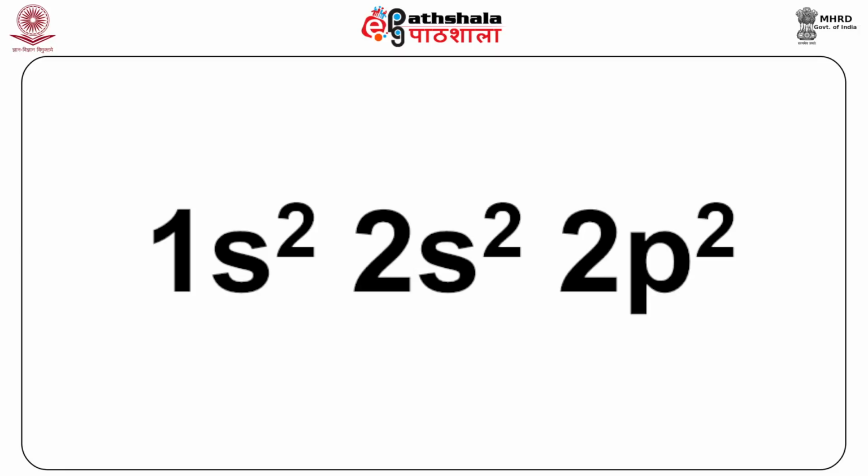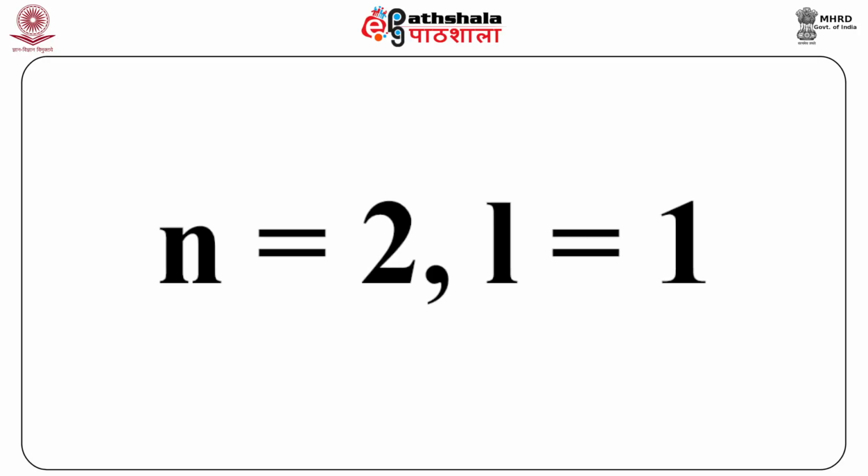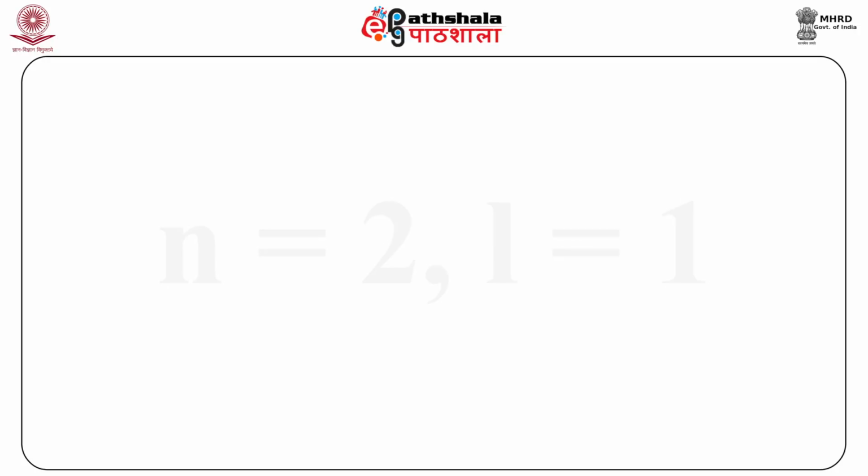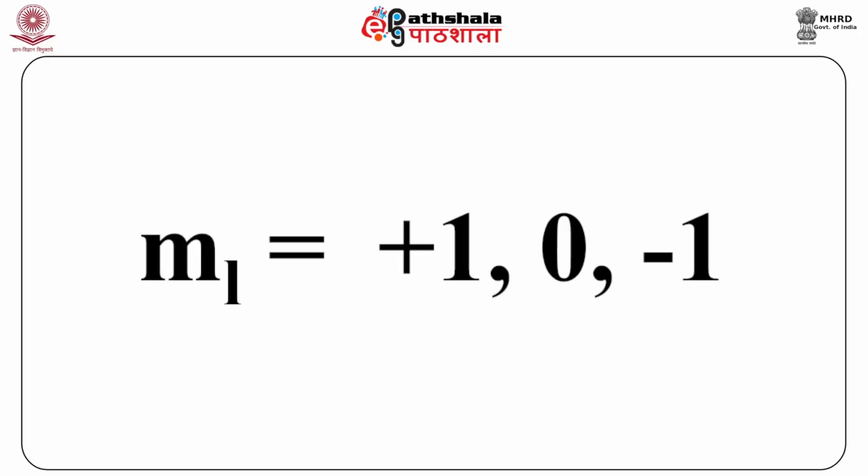The electronic configuration of the atom is given as 1s2, 2s2, 2p2. For the valence electrons, we have the set of quantum numbers. n is equal to 2 and thus the value of L is equal to 1. From the value of L, it can be seen that we can have three values of ml, which are +1, 0 and -1 respectively.